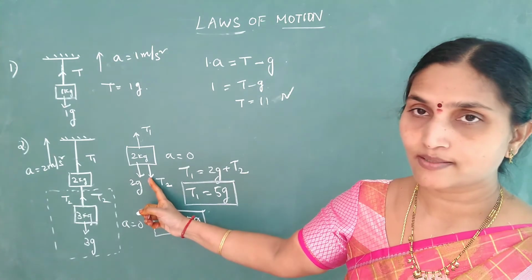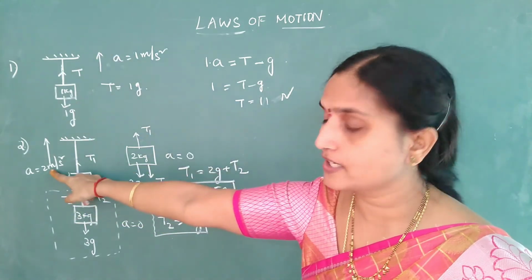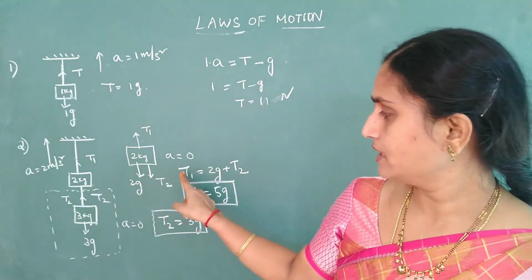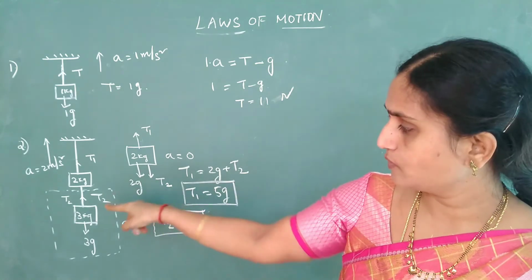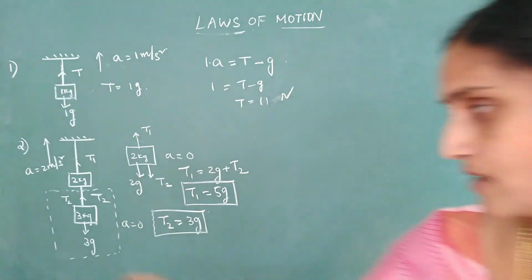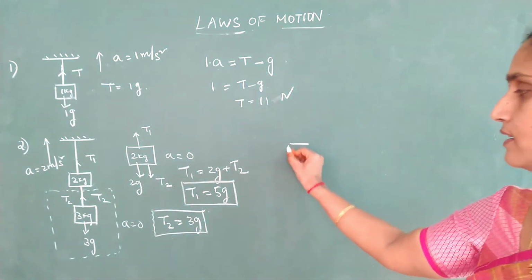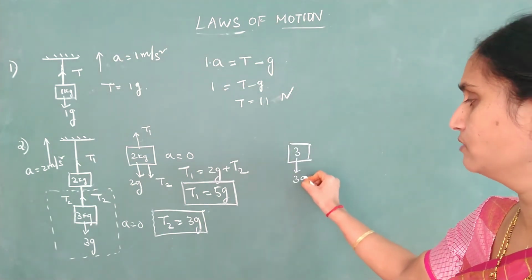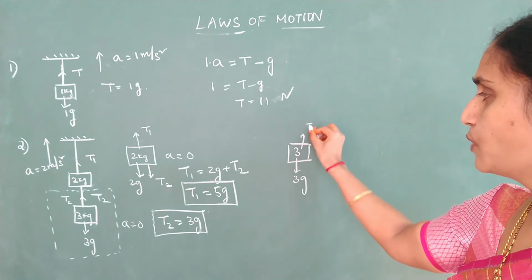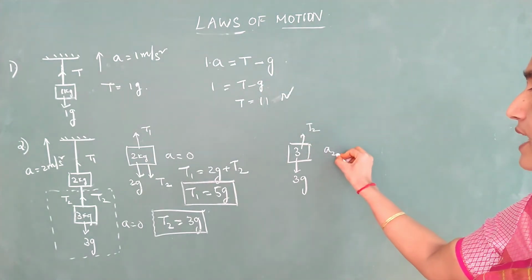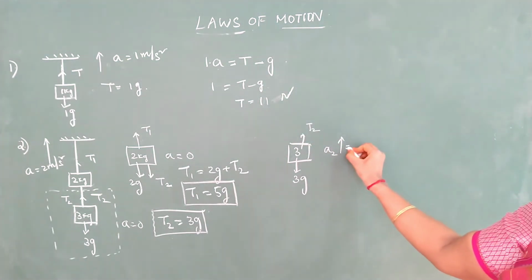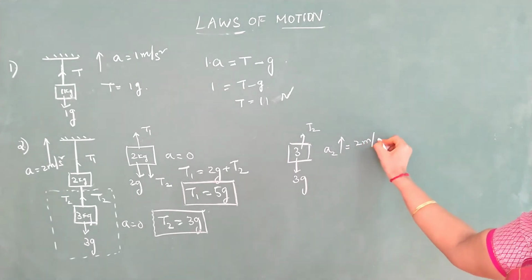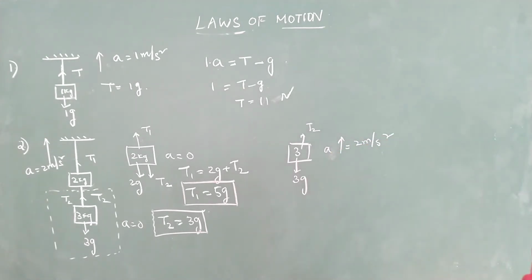Tell me the answer for this. If this whole system is accelerating upward, then what will be the T1 and T2 values? If you again make the free body diagram for 3 kg and 2 kg. For 3 kg, its own weight is acting downward. T2 is pulling it up. This is accelerating up with an acceleration of 2 meter per second square.